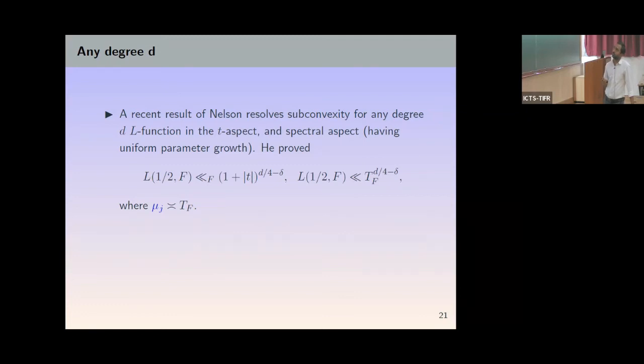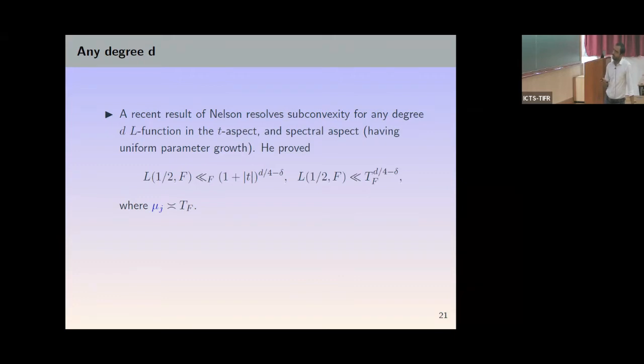By uniform parameter growth, he means that these mu's, there are d many, mu_1, mu_2, up to mu_d, all have the same size T. He showed subconvexity in the T aspect and the spectral aspect, although his bound is very weak, but still he gets subconvexity.